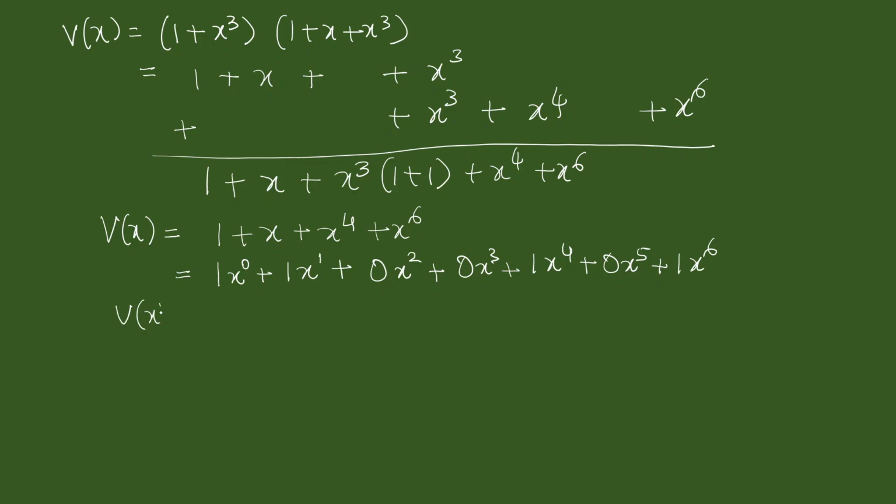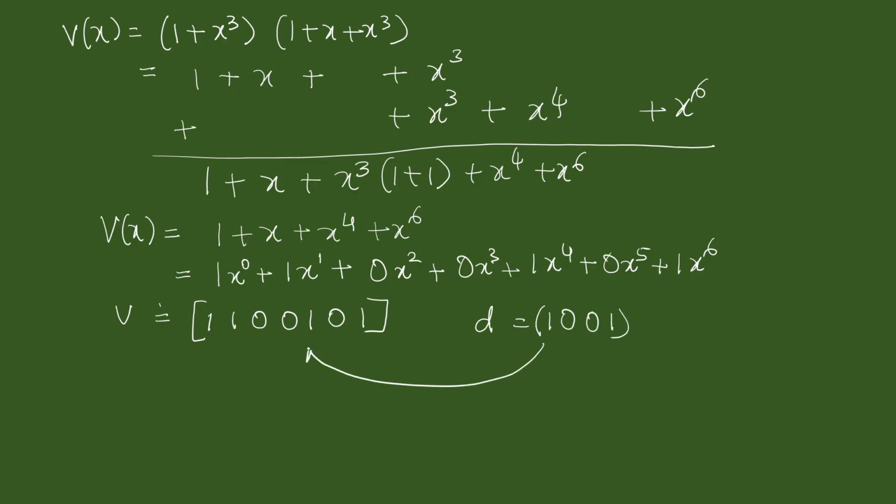In another way, v of x has a bit sequence. I can write it as 1 0 0 0 1 0 1, which are the coefficients of powers of x. So the data sequence 1 0 0 1 has the code vector given by this. You will try to map data 1 0 0 1 here. In the linear block code we know that there are two parts and we can identify the data sequence clearly.